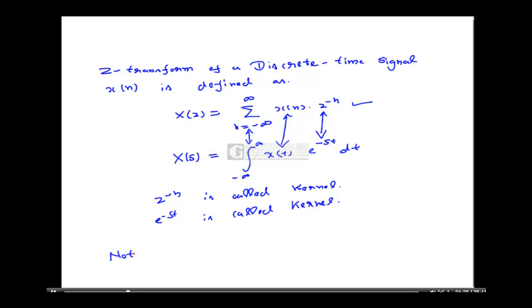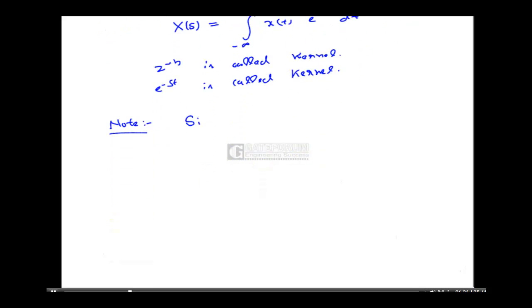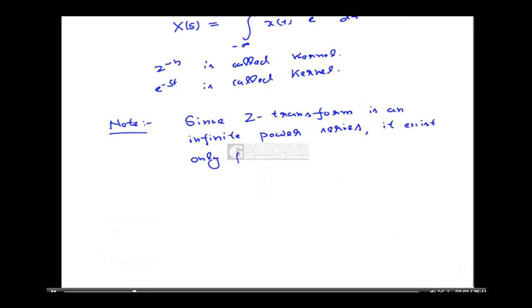Just note: since the Z transform is an infinite power series, it exists only for those values of Z for which the series converges.